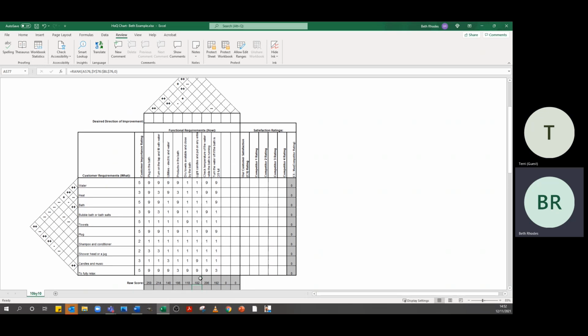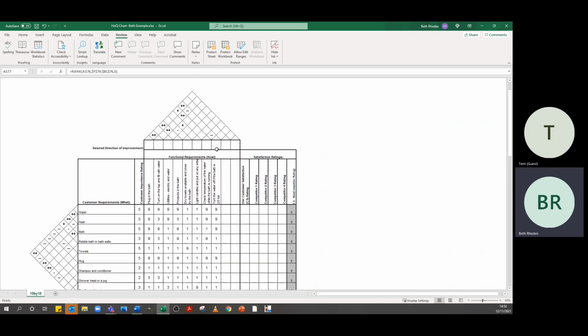We've then been through and we've done the roof of our house of quality, and we've looked at how each of the functional steps we need to take to make a bath can have a positive or negative effect against each other. And we've highlighted two things in particular that we really need to keep an eye on.